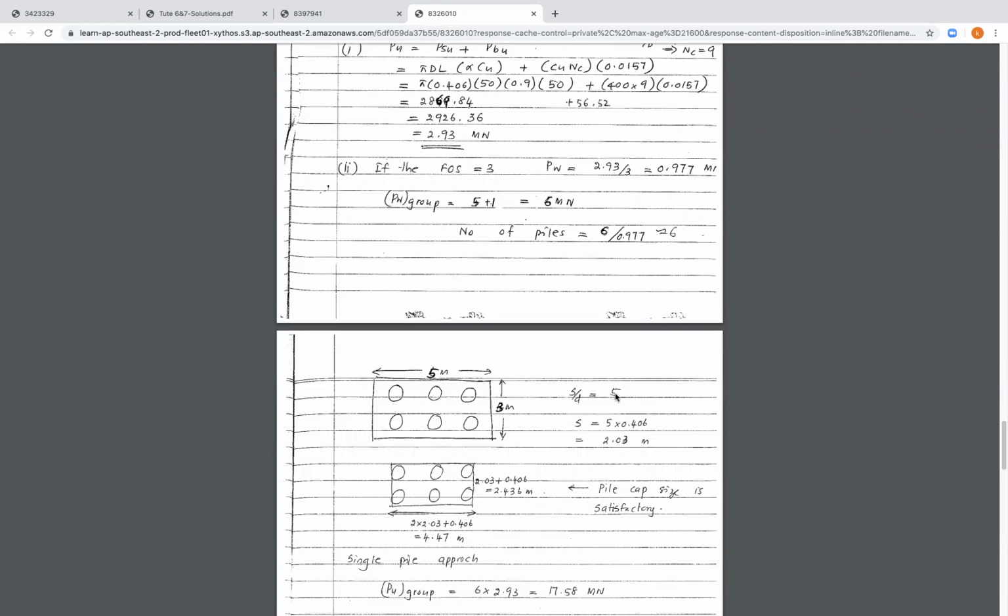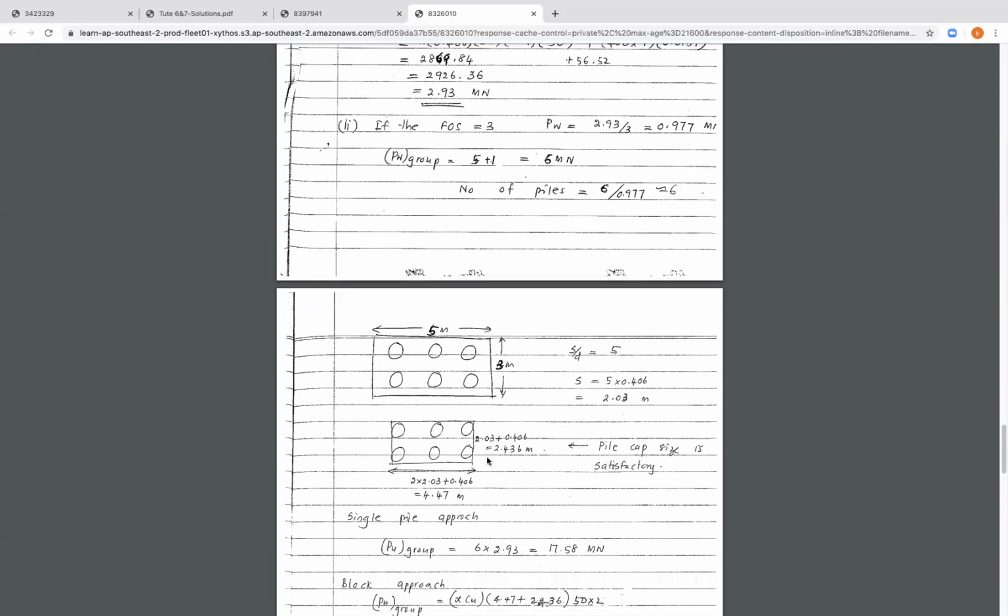The diameter is fixed at 0.406 meter. The spacing is equivalent to 5, the spacing to diameter ratio, multiplied by the diameter of the pile, and that will give us 2.03 meter. This is the spacing between the piles center to center.